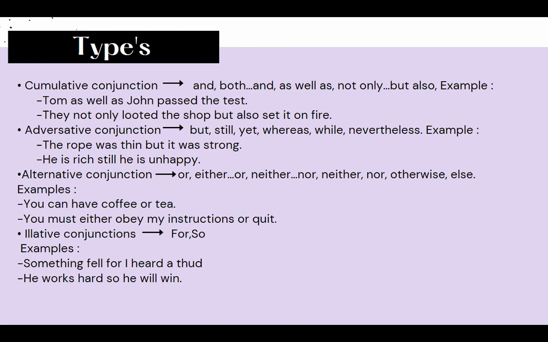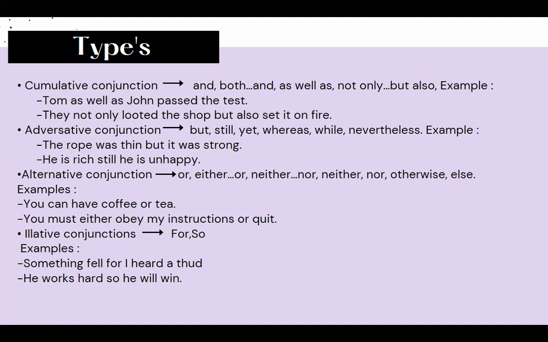They are called disjunctive or alternative conjunctions. There are or, either or, neither nor, otherwise, and else. Examples in sentences: you can have coffee or tea. You must either obey my instructor or quit.